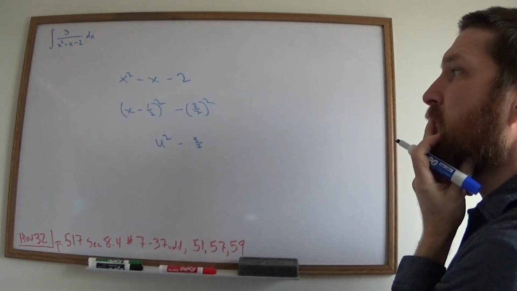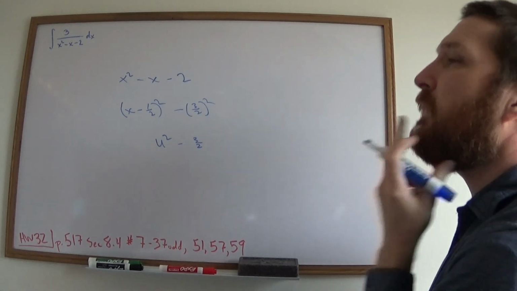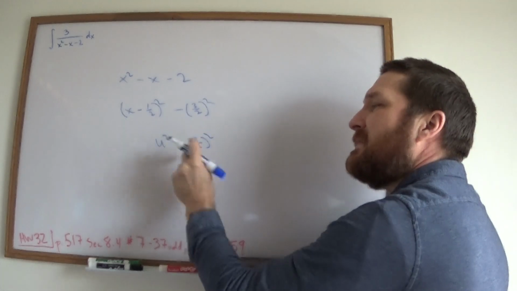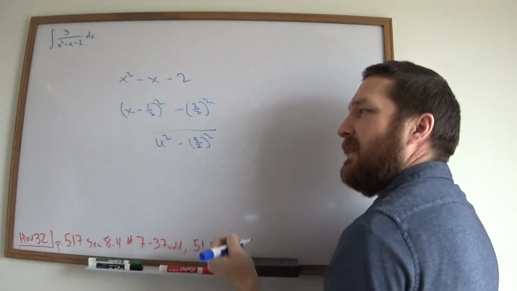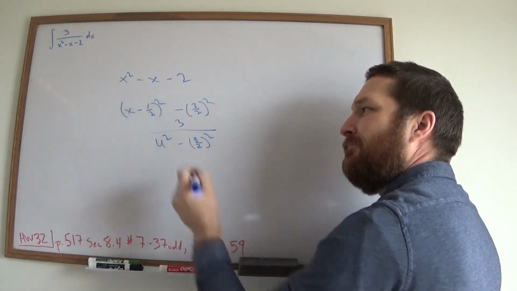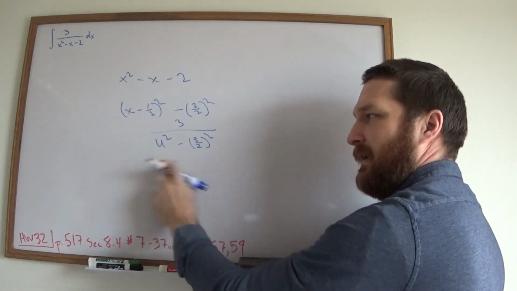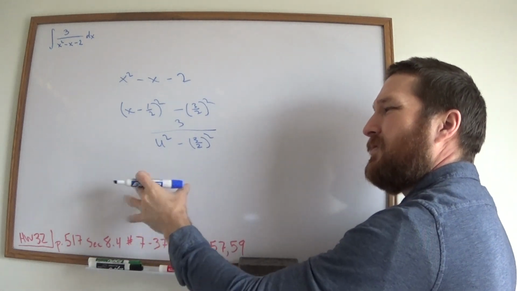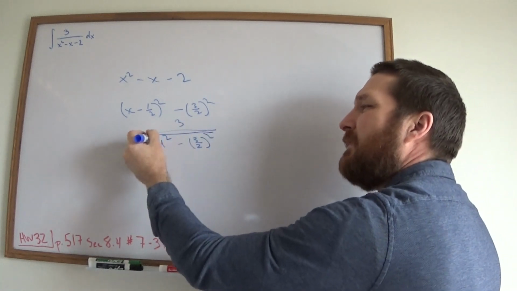Wait, isn't it just x plus 1 times x minus 2 for factoring it? You don't have to complete the square. Oh yeah, I'm just saying this is something I thought of. Because you have something squared minus something squared, I'm thinking that kind of leads to some kind of trig substitution. But that would be in the case where you have a root.